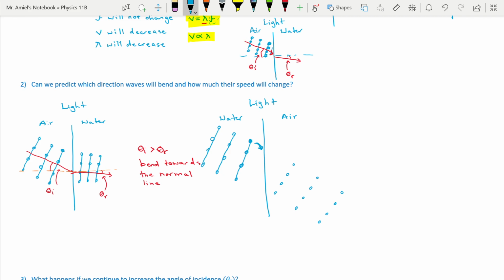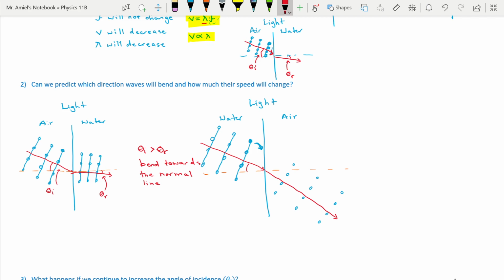Okay, so if we draw our normal line in here, which is going to be perpendicular to our interface, and then we can draw our incidence angle here, and we can draw our refraction here, and I should have drawn this up in between these guys.